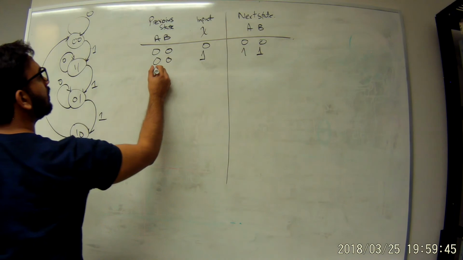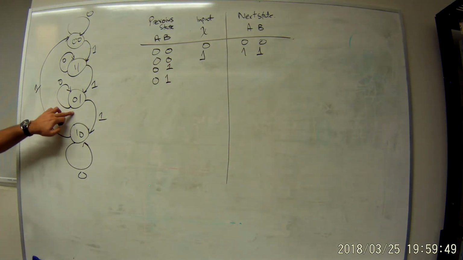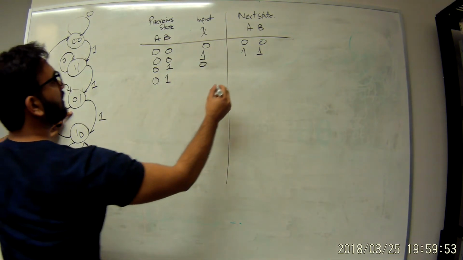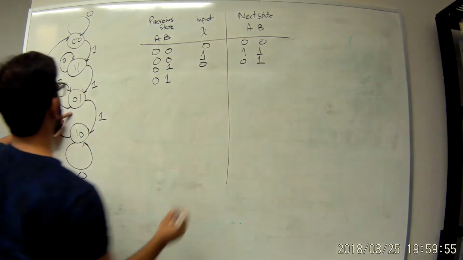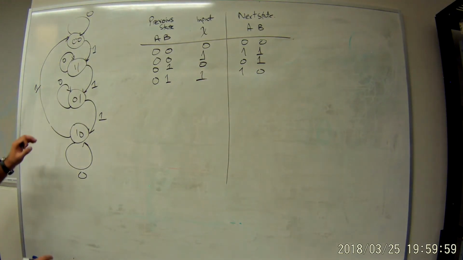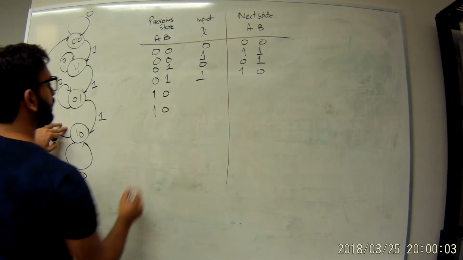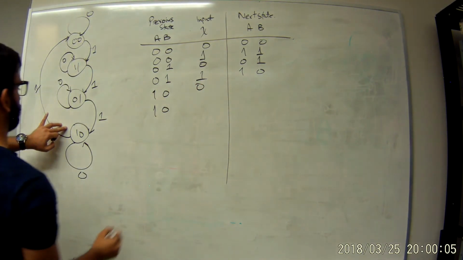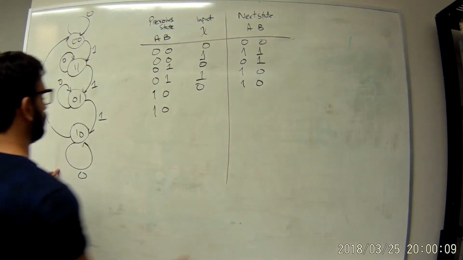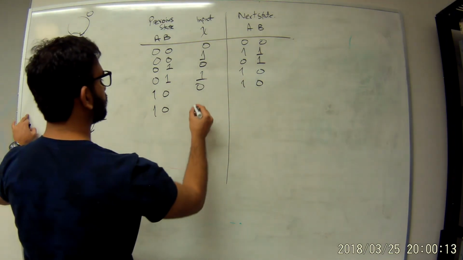Then, at 0, 1, when we have 0, it remains on the same state, 0, 1, but when it's 1, it becomes 1, 0. Then at 1, 0, when it's 0, it remains on the same state, 1, 0. However, when it's 1, it goes back to 0, 0.